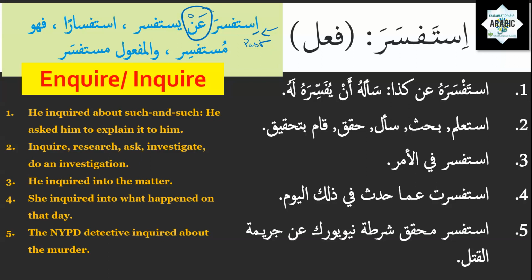يستفسر, present. استفسار, which is the noun, and then the person فهو مستفسر, he's inquiring, and then the object is مستفسر. So you can pay attention to the short cases مستفسر and مستفسر.